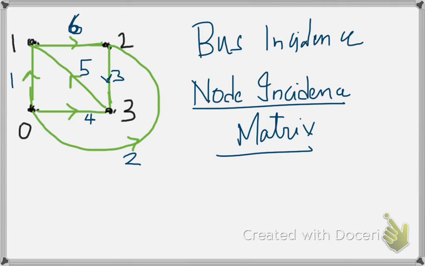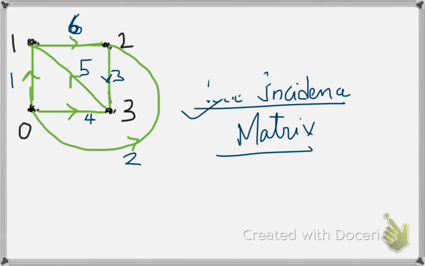I mean, how they are all connected with each other and what directions the flow is in between them. That is given by the bus incidence matrix or node incidence matrix. Both give the same thing. So now let us construct the node incidence matrix without any further ado.